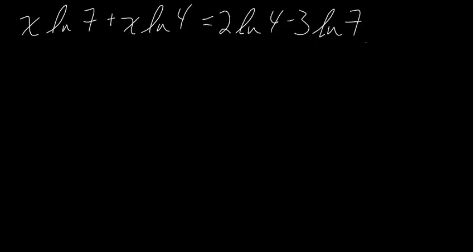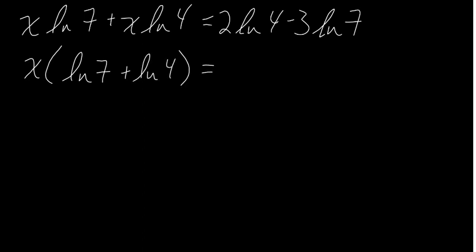All right. So I'm trying to isolate the x, and we see that we have an x in both these terms, so I can factor an x out. By factoring an x out, I will have x times the natural log of 7 plus the natural log of 4, equal to 2 natural log of 4 minus 3 natural log of 7.